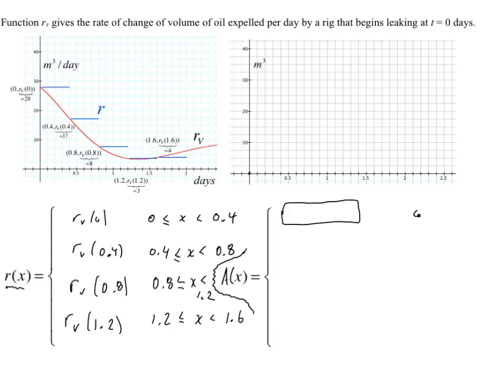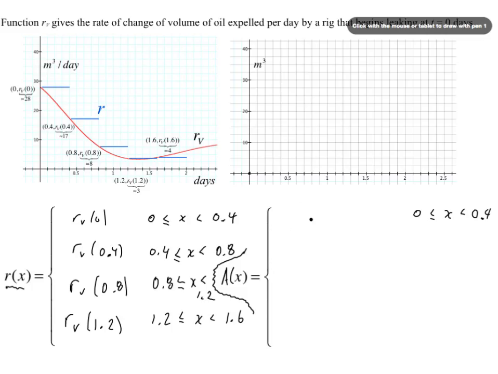So this is going to be from 0 to 0.4. So again, we want the amount of accumulation for any value x in this first interval.